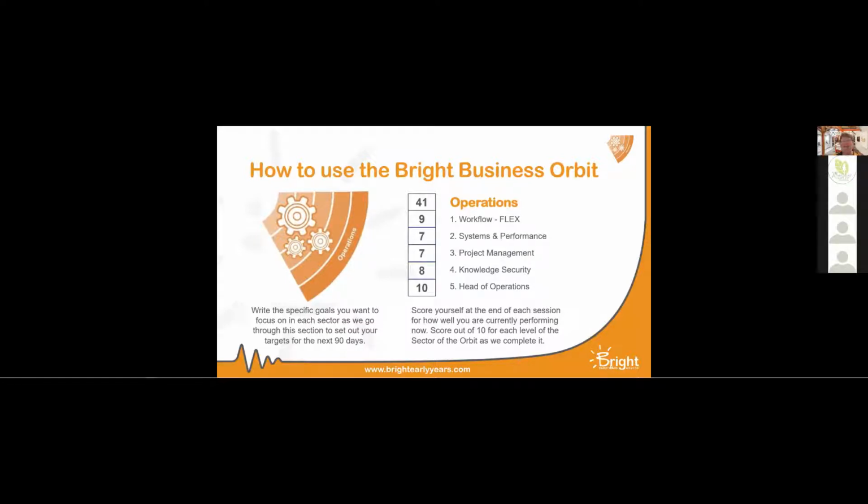At the end of the session, I'll give you the opportunity to score yourselves on each of these areas. So as we go through, just think about, well, where am I on that scale of 1 to 10, which gives you an indication of how much work you need to do within this sector.